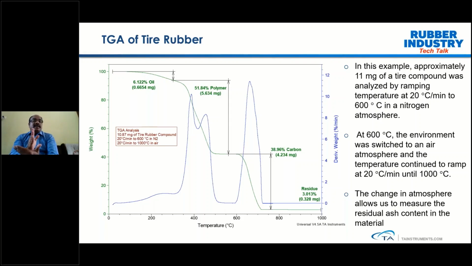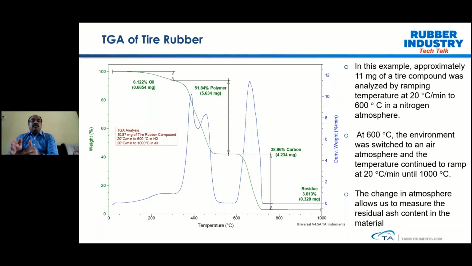Once the temperature reaches 600 degrees, that's when we do a gas switching. We switch from nitrogen to air, which burns off the carbon black present in the polymer compound, and then immediately we can see the weight change corresponding to the carbon black decomposition, which accounts for 38.96% in this particular case.